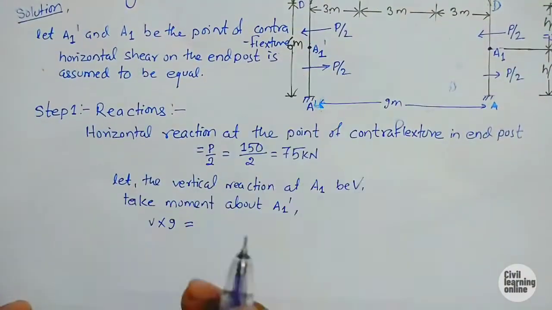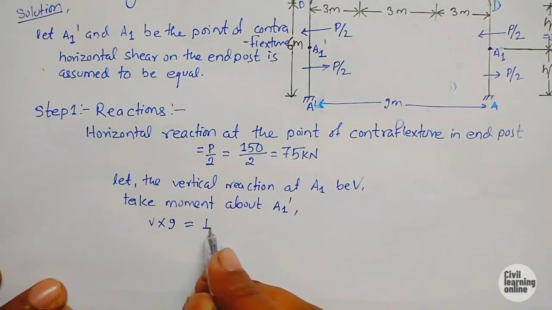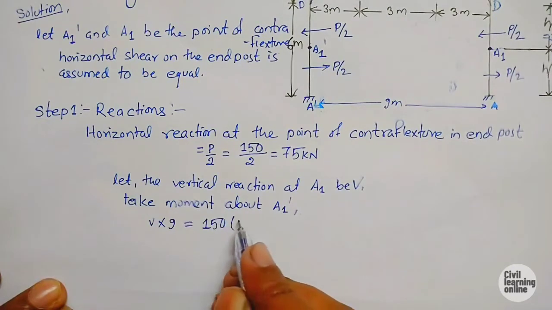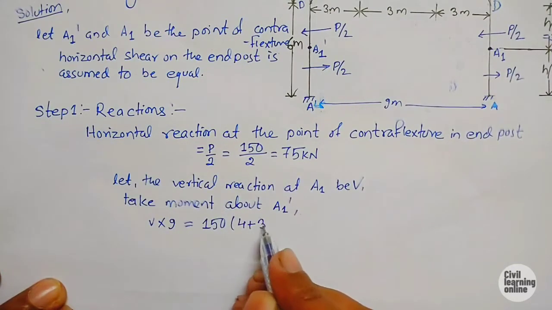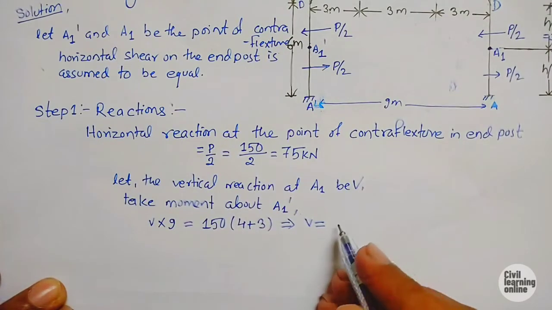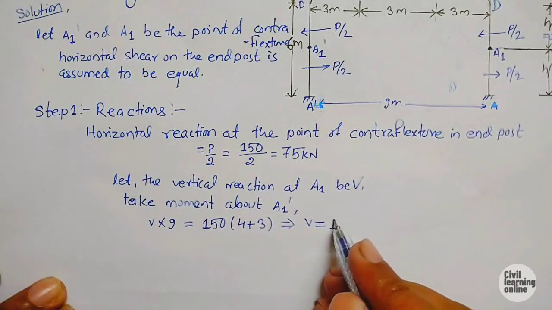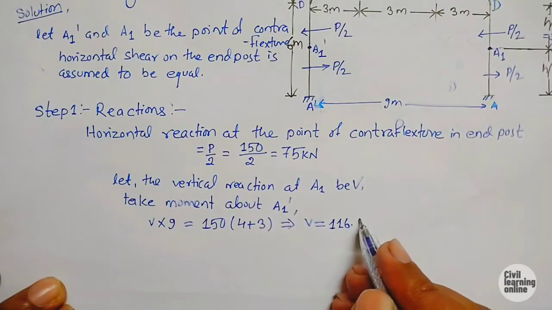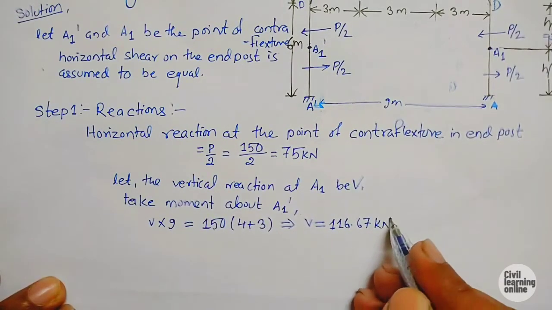So V into 9 equals 150 times 4 plus 3. Now from here we will be able to calculate V, which will be equal to 116.67 kilonewton.